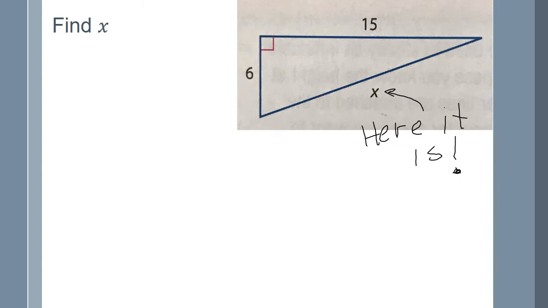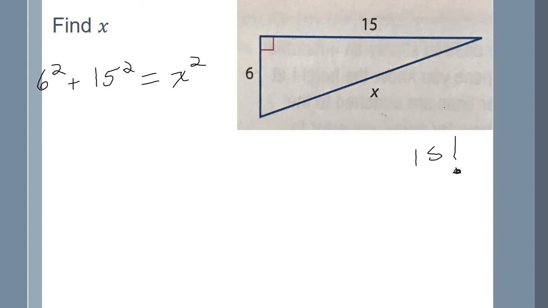So we know that 6 squared plus 15 squared equals x squared. So what we want to do at this point is go ahead and square everything that we need to. And this would be a good time to take out your calculators if you need to.